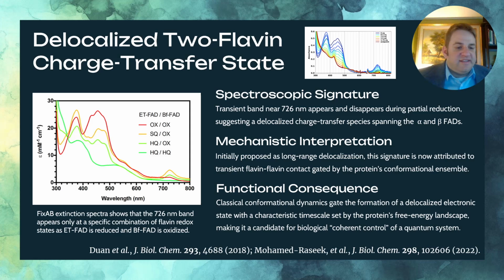So in this enzyme, FixAB, the extinction spectra showed that the 726 nanometer band appeared only at a specific combination of flavin redox states, as the electron transfer FAD is reduced and the bifurcating FAD is oxidized. And so the authors of this study initially proposed that as a form of long-range delocalization, but it would be particularly long-range in this case.